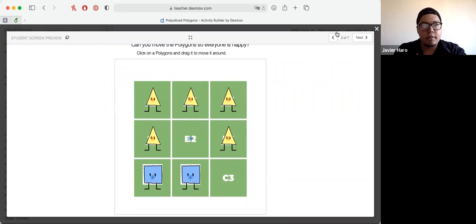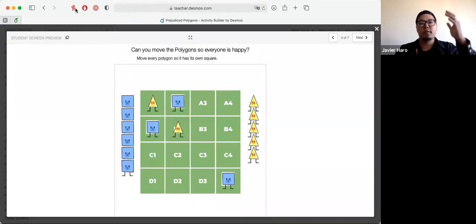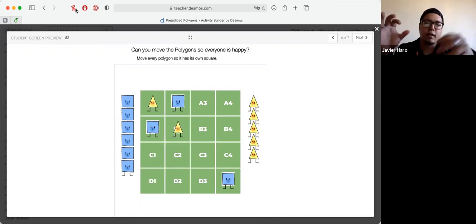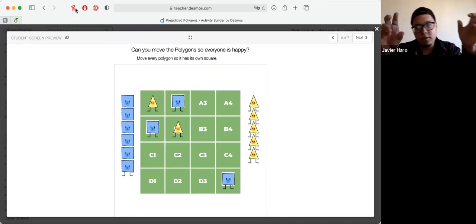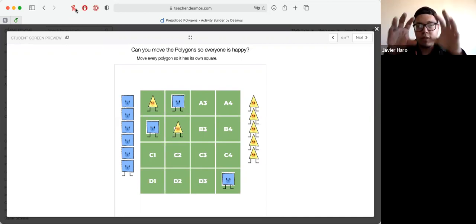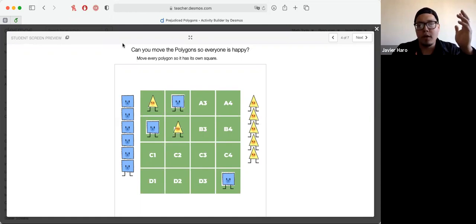All right, let's see. So again, keep in mind, for this one, same thing: we're trying to use all the squares that we have on the left side and all the triangles. We're trying to put all these polygons into the neighborhood, and just like before, we want all of them to be happy.